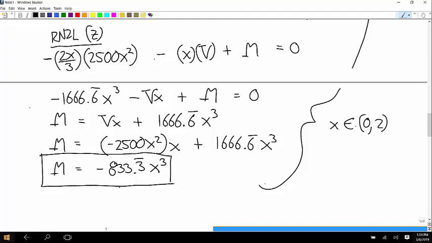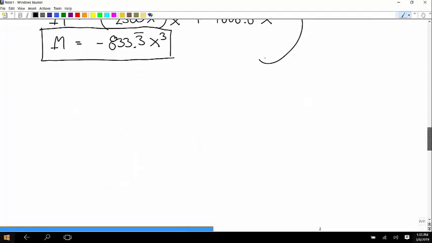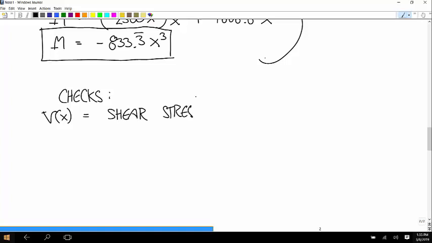Yes, that's right. Anyone remember what the relationships are between V and M and the distributed load? So here are the main checks that we're going to use. V of x is the shear force, not the shear stress, sorry.